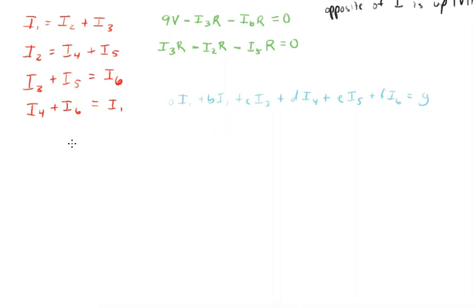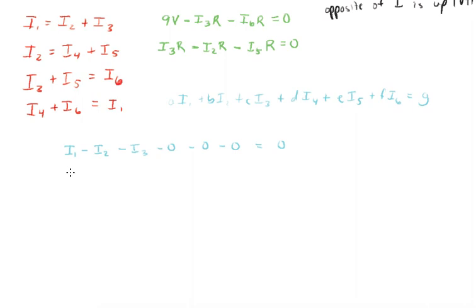So this one is just I1 minus I2 minus I3 minus 0 I4 minus 0 I5 minus 0 I6, and that equals 0. That would be that one.